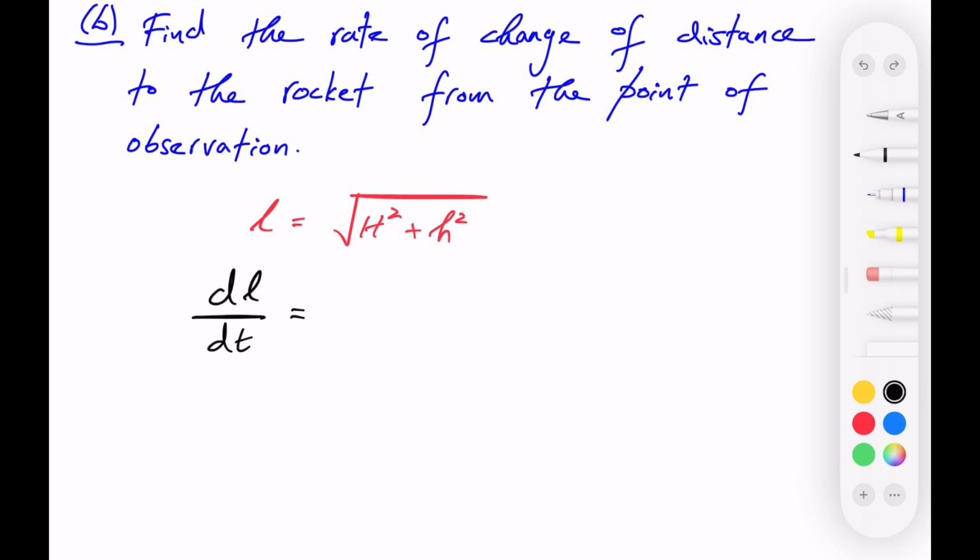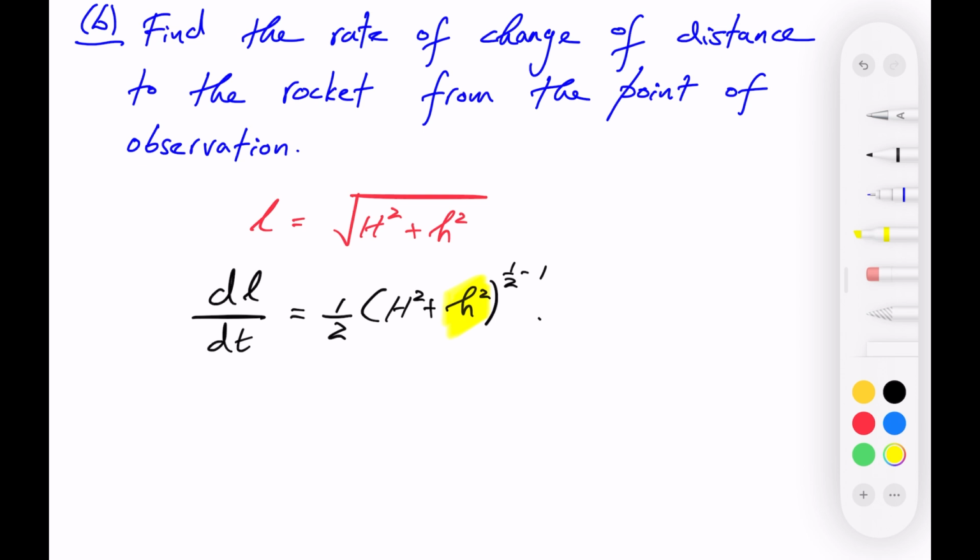Then this is equal to 1/2 times capital H squared plus lowercase h squared, everything raised to the 1/2 minus 1 power, times the derivative of the stuff inside of that. Since capital H is a constant, the derivative of that with respect to t is going to be equal to 0.